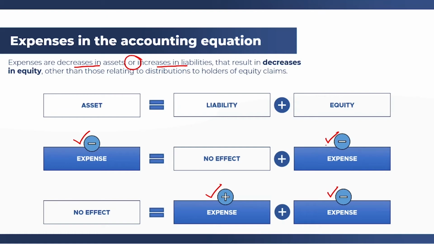When you think about it, expenses actually decrease equity. Always. So, in order to balance the accounting equation, decreases in equity should be partnered with decreases in assets or increases in liabilities, excluding transactions with equity owners.